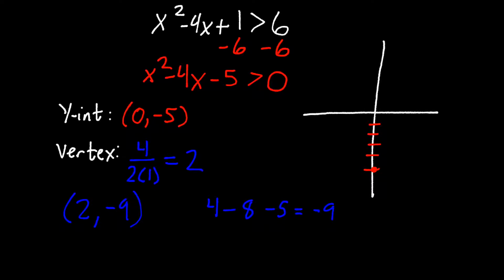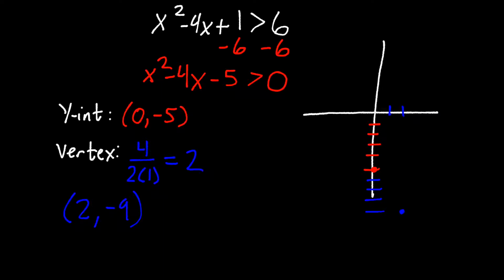Okay. So let's put our vertex into the graph. We are going over 2, and then down the rest of the way to -9. And there we have our vertex.